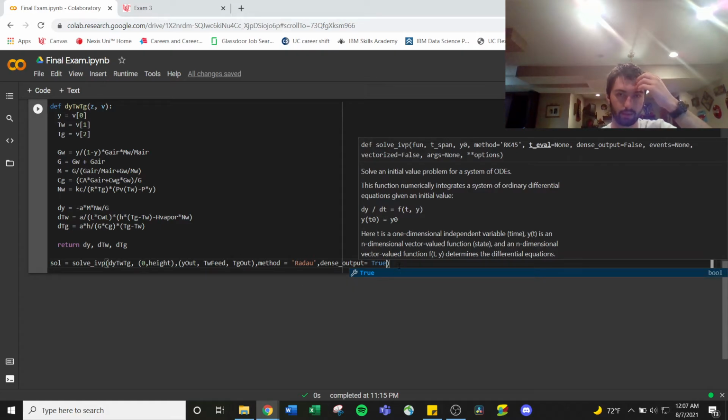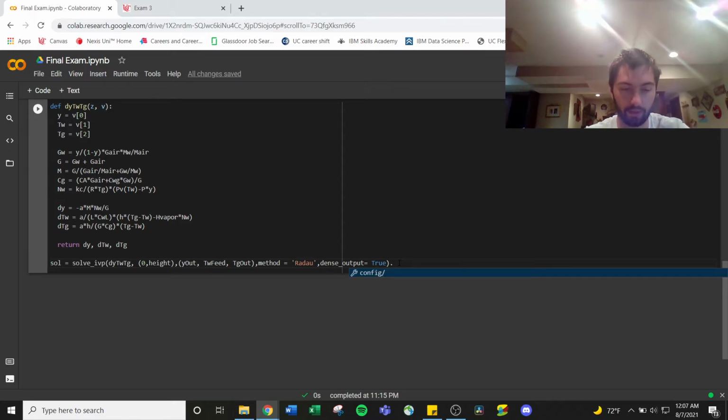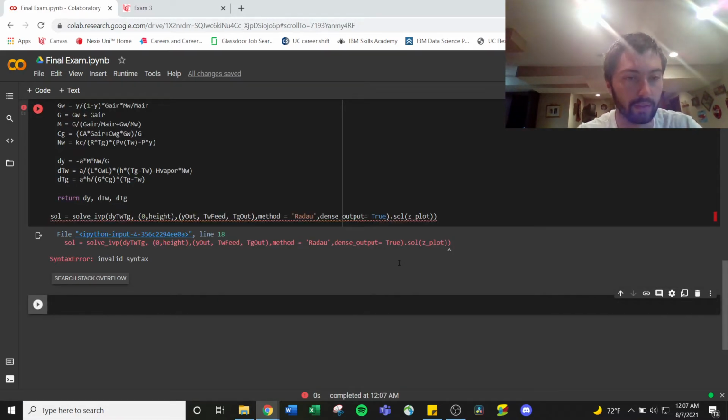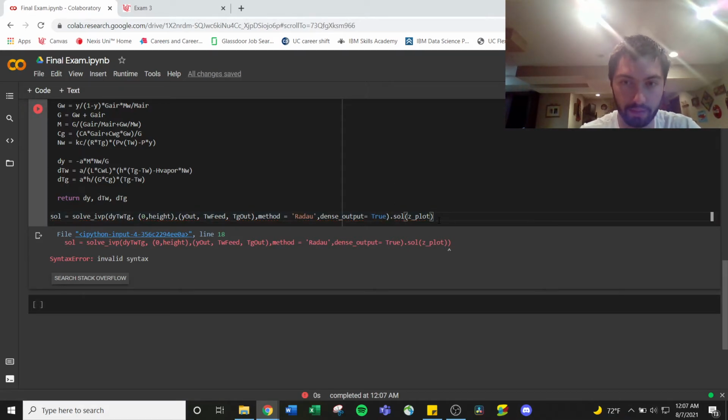And then now here's where we have the solution in the range of z plot. And let's see if I shift enter. Invalid syntax. Let's see, what did I do? Oh, I think I added an extra parenthesis there at the end. Oh yeah, I definitely added an extra parenthesis. Shift enter.